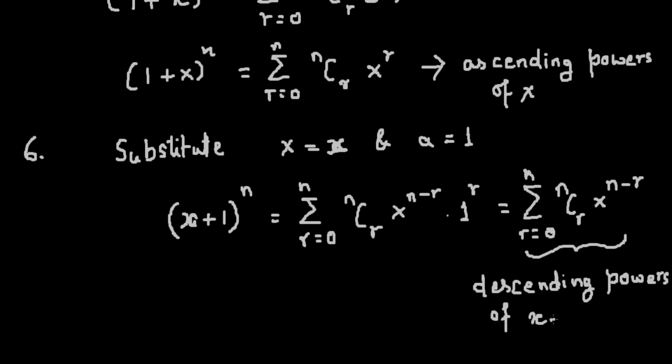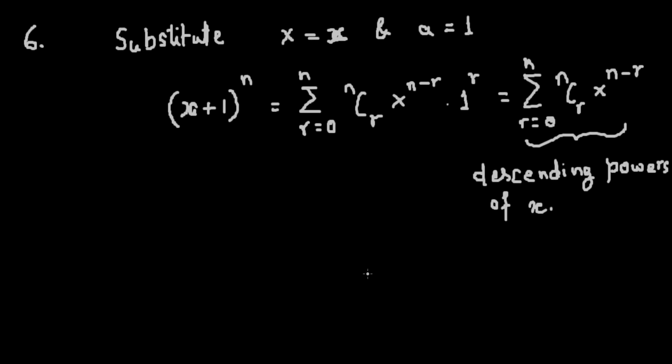Okay, so now I'm simply going to write 7. I'm not going to go into the details of writing it. Now we're going to replace x with 1 and a with negative x. So we should get 1 minus x all raised to the power of n.